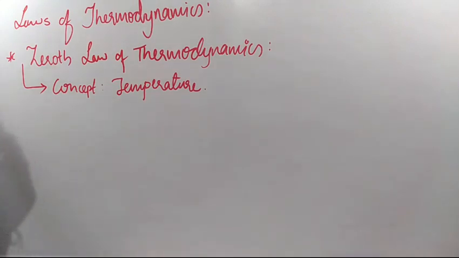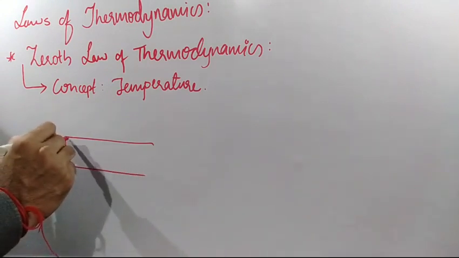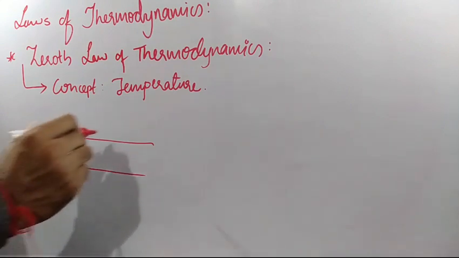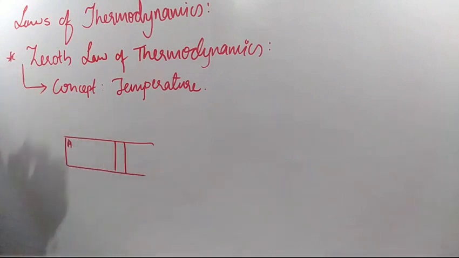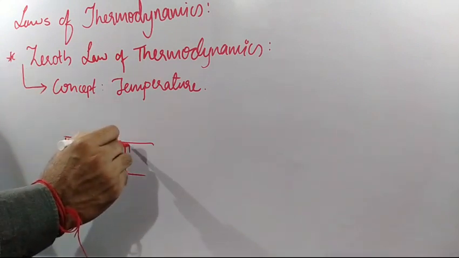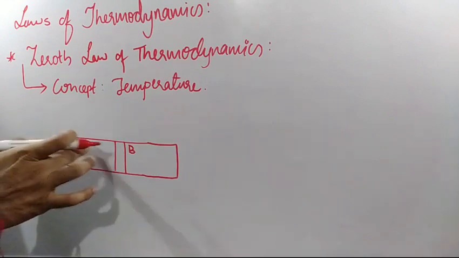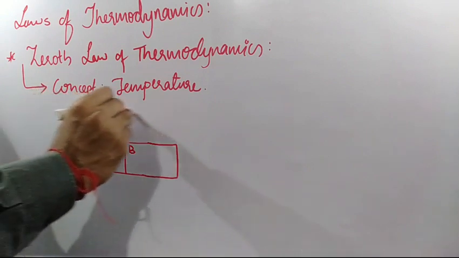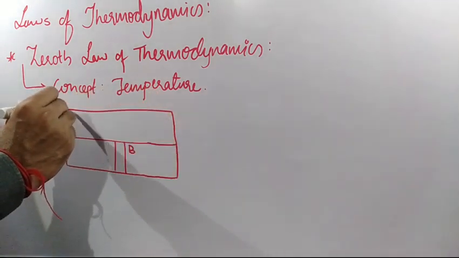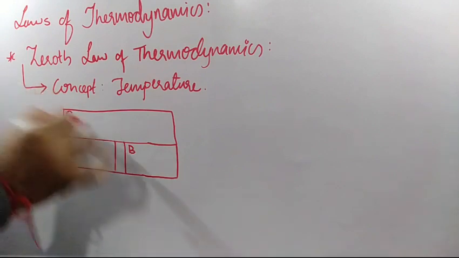Now, what does the zeroth law of thermodynamics state? Imagine that here I have one system, let us name it system A. Here I have an adiabatic wall, and here I have system B. These two systems are joined with one more system, system C. Listen, these two lines mean adiabatic.